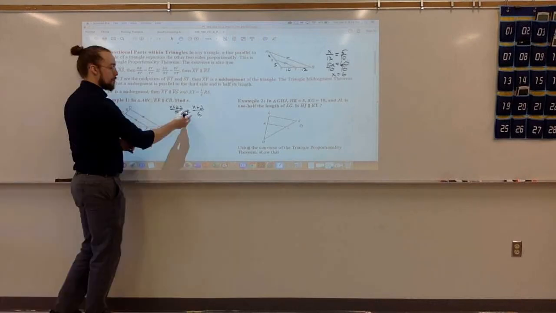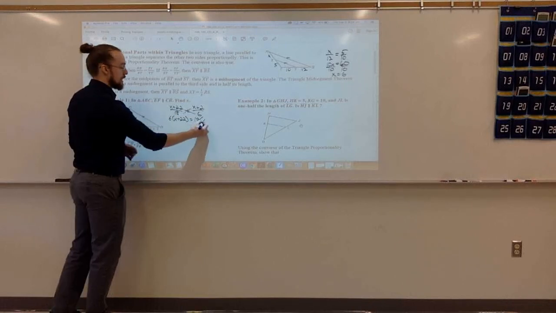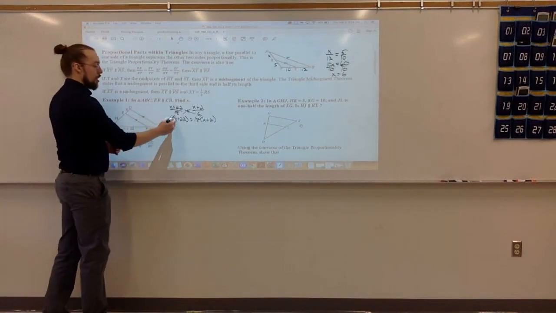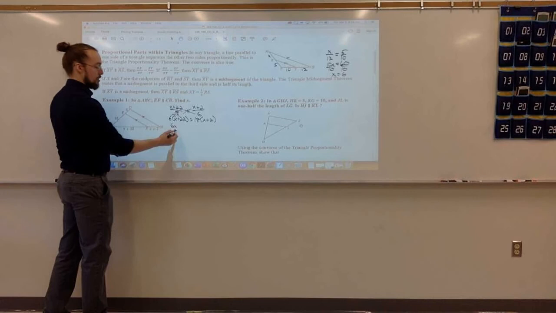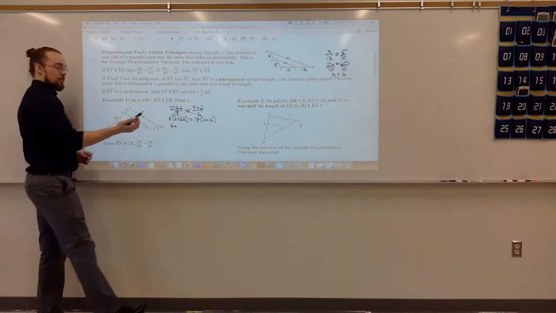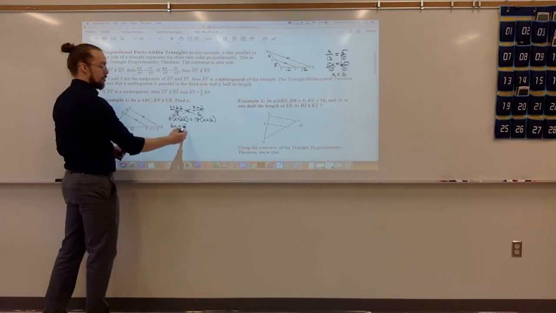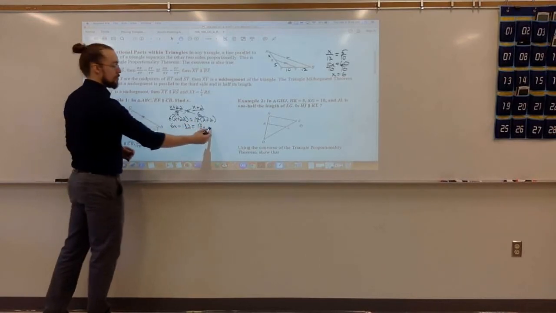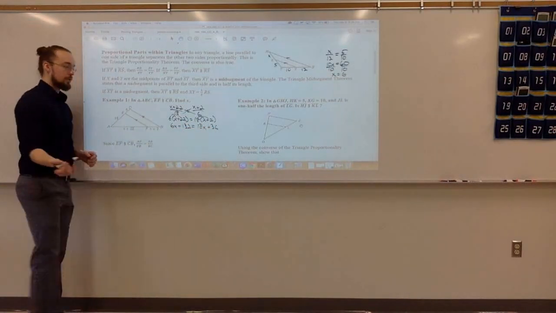Cross multiply. So 6 times (x plus 22) equals 18 times (x plus 2). Distribute on both sides here. So 6 times x is 6x, 6 times 22 is 132, equals, I distribute over here, 18x plus 36.